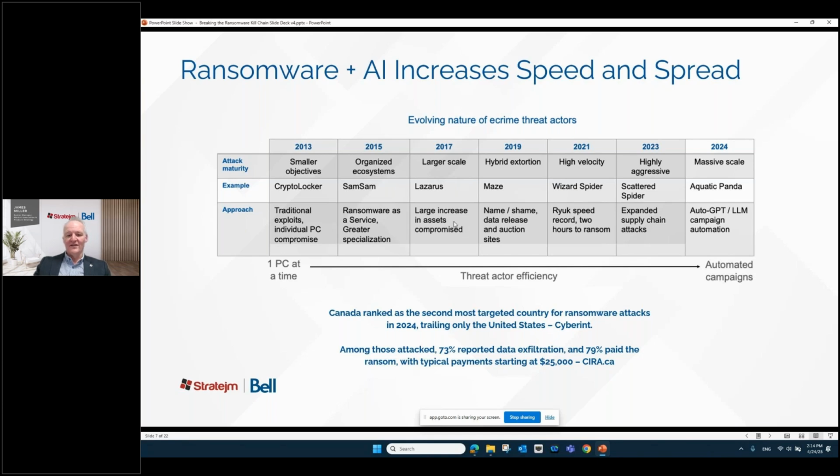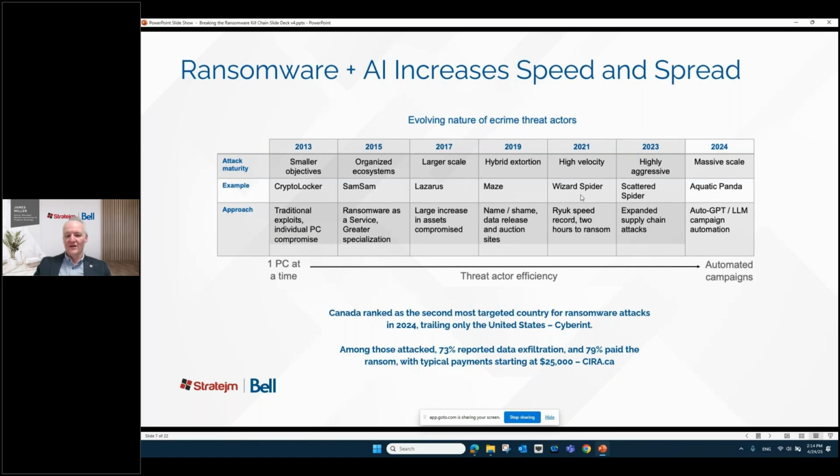And then the velocity and the spread increases over the entire breadth of the organization, as well as the organizations that they can attack at once. With Wizard Spider, Ryuk down to under 2 hours is one of its claims to fame.